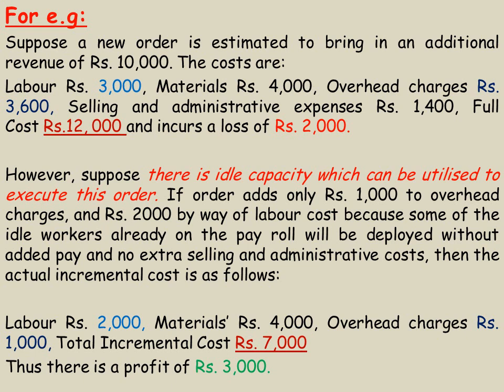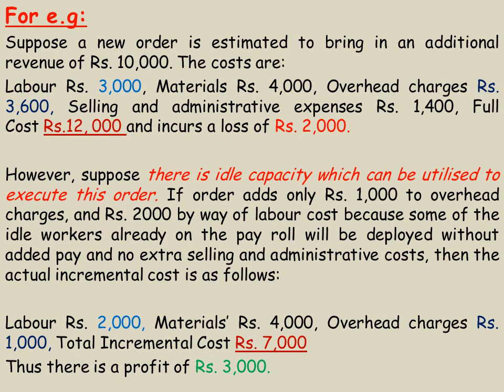Overhead charges are already there in the company. What they have been producing and spending, they can already take. Selling and administration expenses are already being incurred in that company. They are already producing and selling the product. They have a selling and administrative department, for which they need not spend extra money.